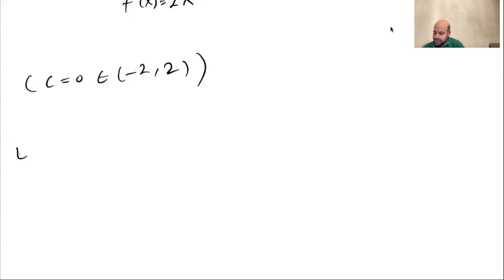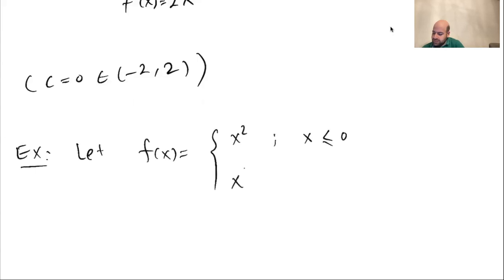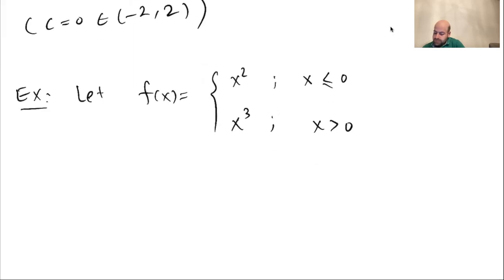Okay, so the next example, let f of x equals, let's say, x squared for x less than or equal to 0, x cubed for x bigger than 0, on the interval, let's say, -2 to cube root 4.